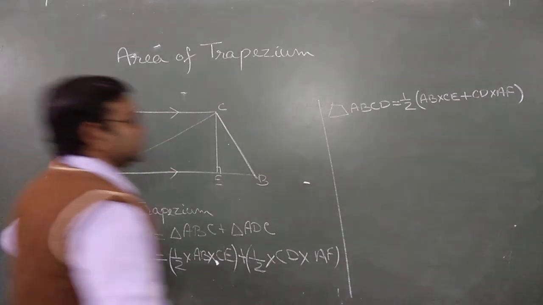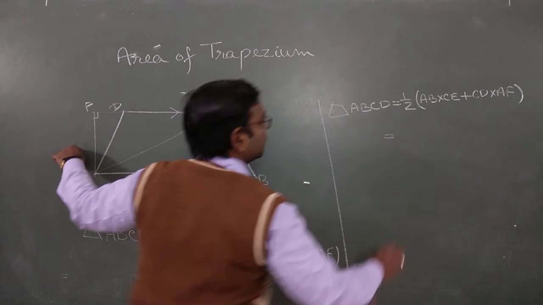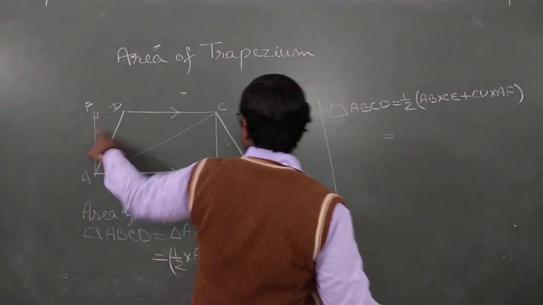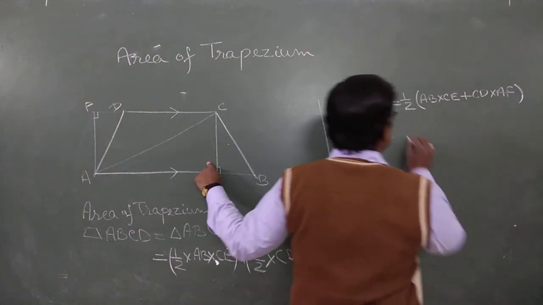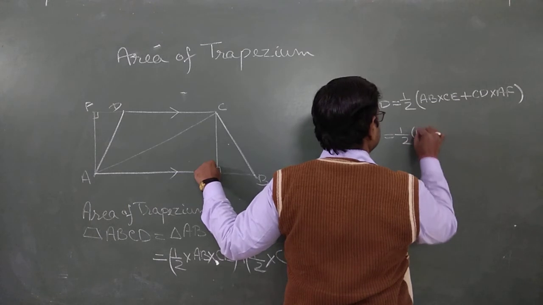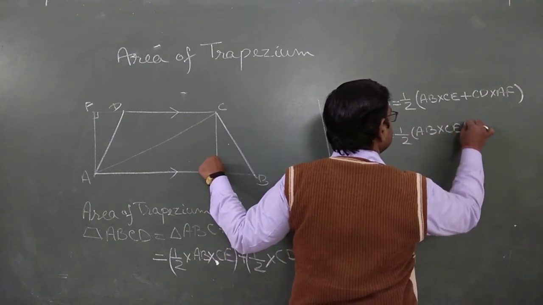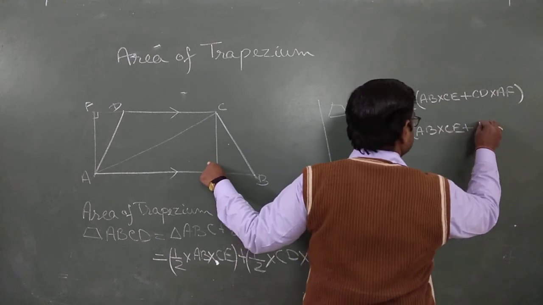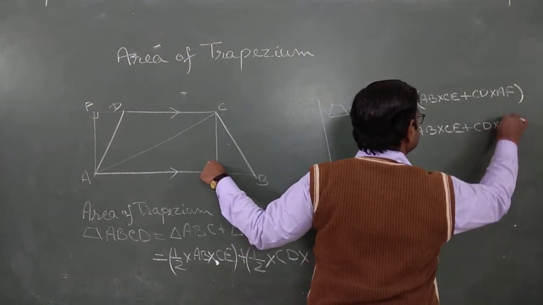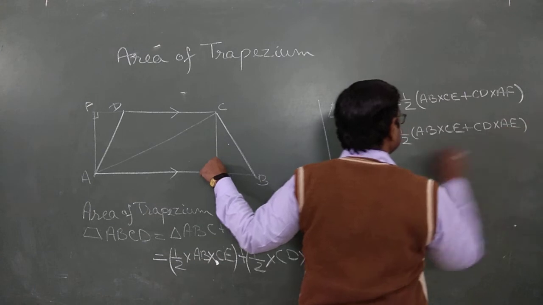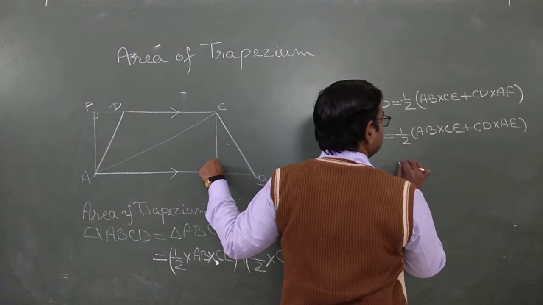So we can write in place of this: half of AB into CE plus CD into AF.